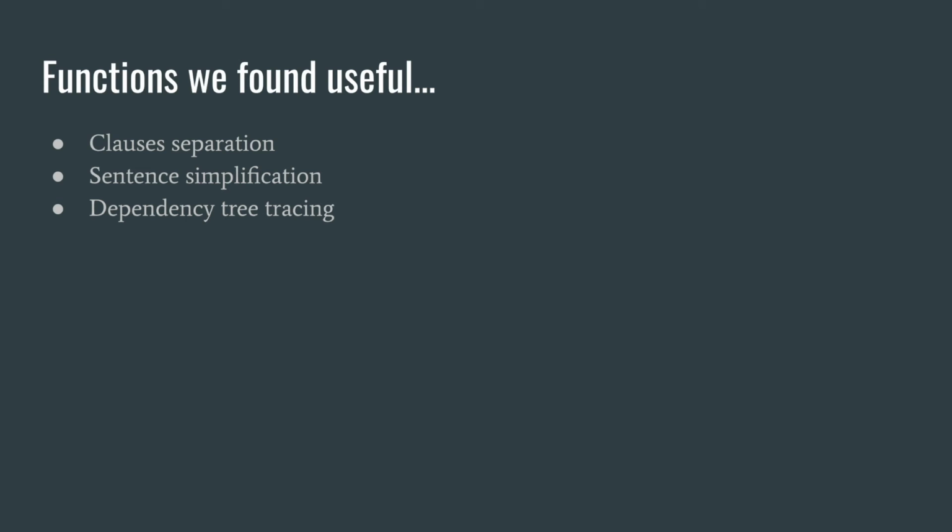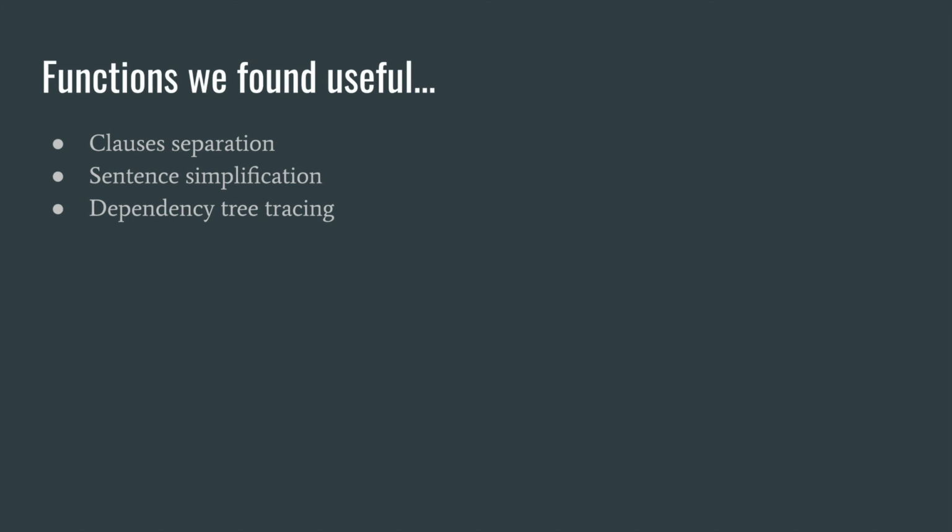Clause separation also leads to sentence simplification, which we used extensively for question development. We only constructed questions based on simplified sentences, which helps keep our questions succinct but still meaningful. But note that besides clause separation, we also remove things in brackets to simplify a sentence.